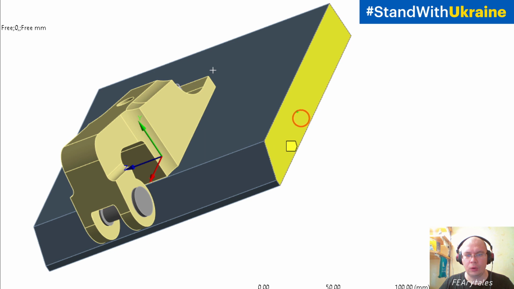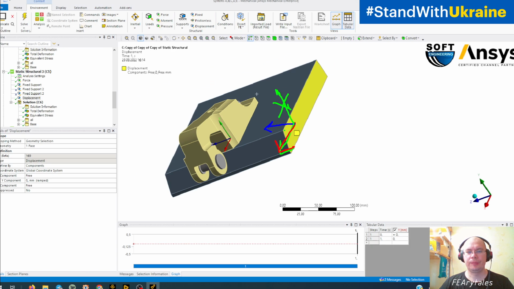So here all points, all nodes can move in x direction and can move, let's draw it, in z direction, but can't move in this direction, in y direction.